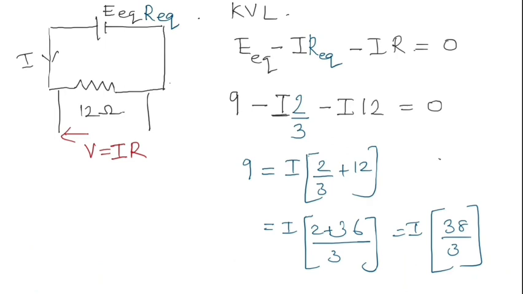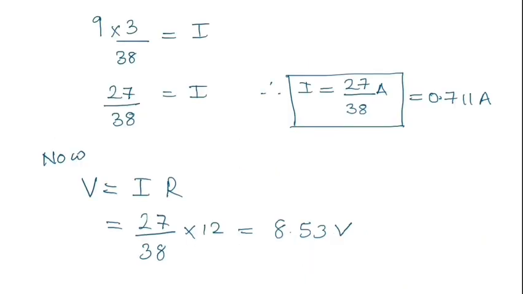For the voltage drop across the 12 ohm resistor, applying KVL again, E equivalent minus I R equivalent minus IR is equal to 0. Just substitute the values, you will get the value of I. So I have the value of I and V is equal to 8.53. V will be equal to IR. So the R value is 12 and the I value is 27 by 38.